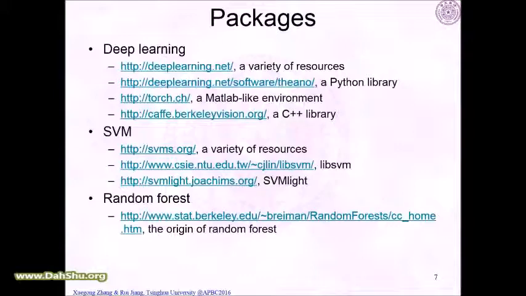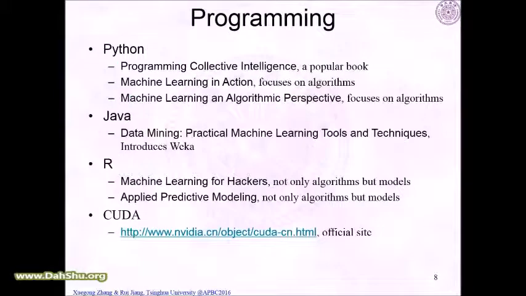At this website you can find a lot of links, and there is a Python library and a MATLAB library, and also C++. This is Caffe, developed at Berkeley. This is only for C and not for other types of deep neural network programming platforms.